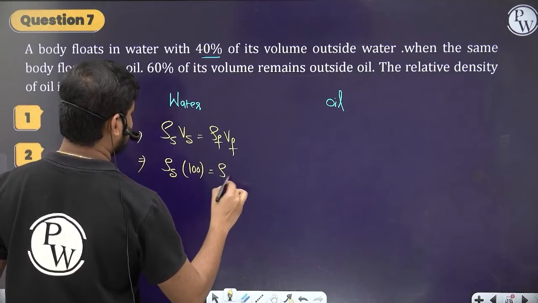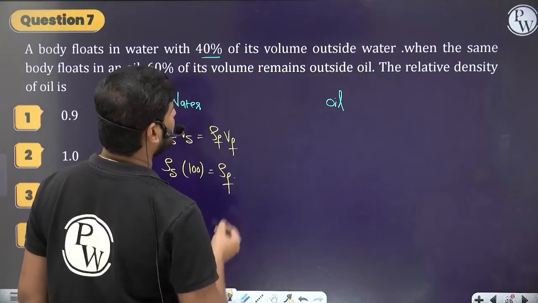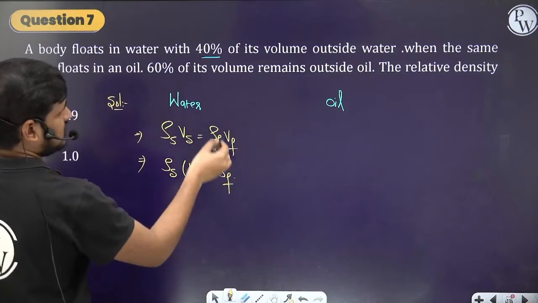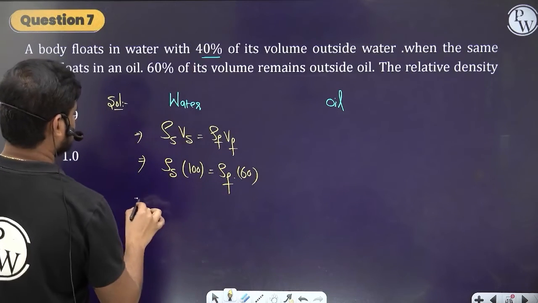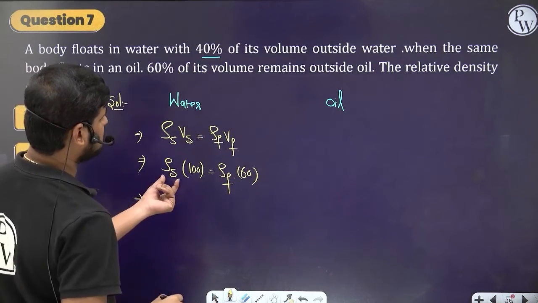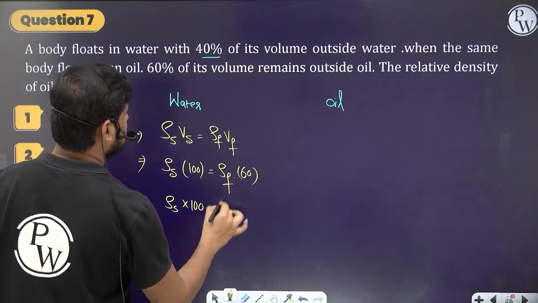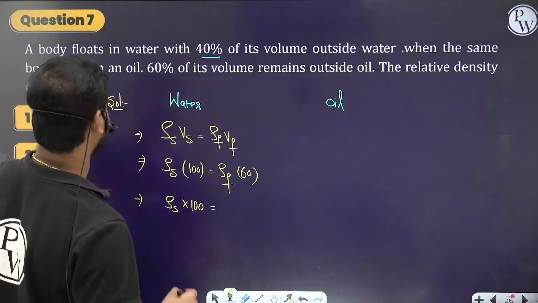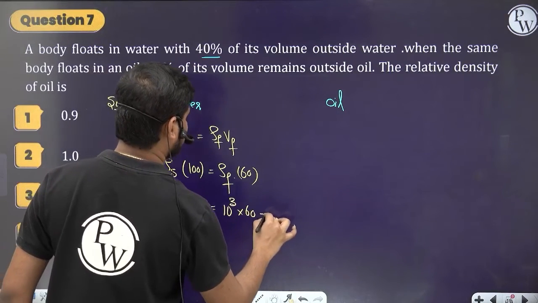So the density of the water into the volume of the fluid which is immersed. Outside is 40% means inside it is going to be 60%. So the density of the solid into 100 is equal to the density of the fluid. Water density is 10 to the power 3 into 60. So let it be equation number 1.